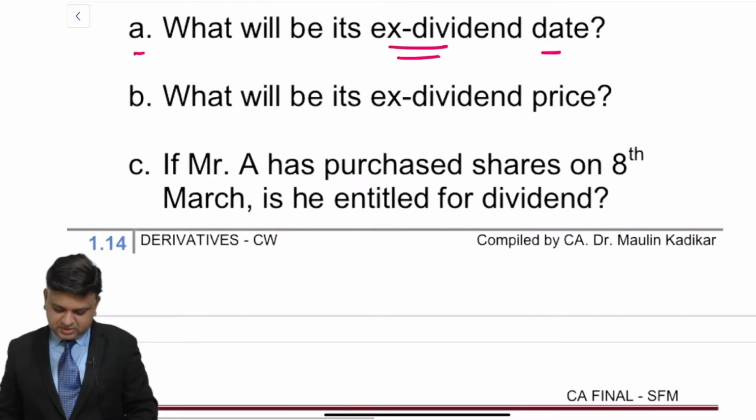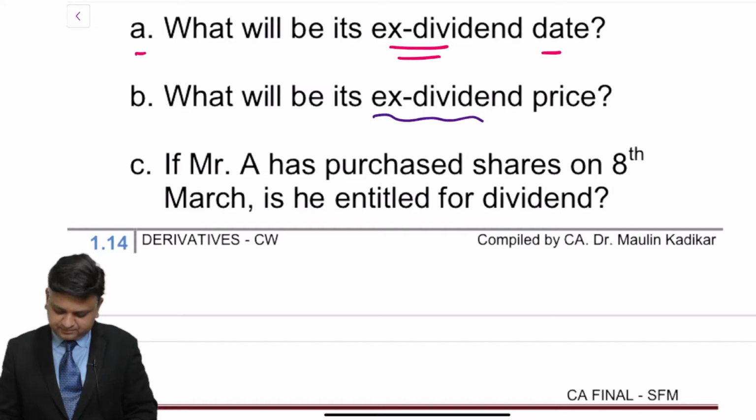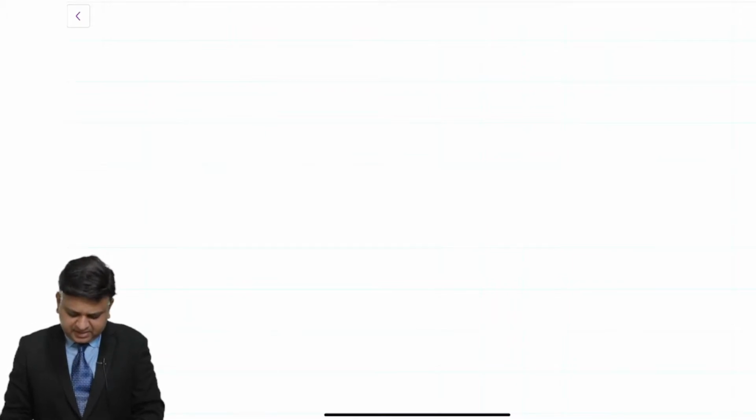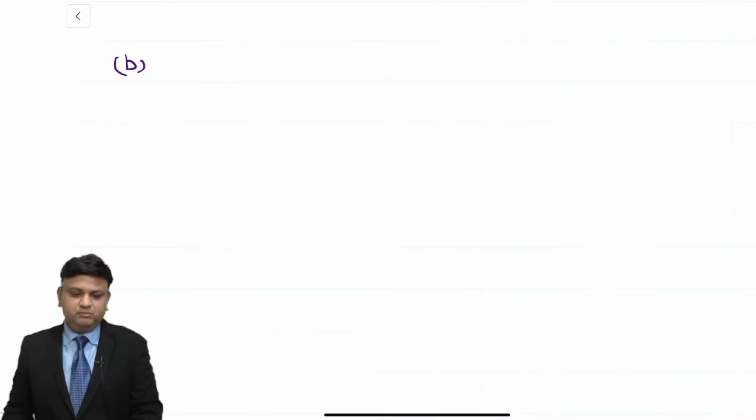The second question: what will be the ex-dividend price? That is the question. Answer for the B question. Again I am dictating a small note to you before we understand its answer.